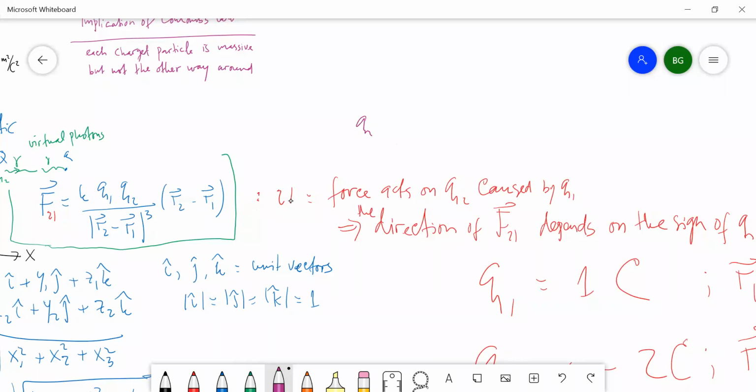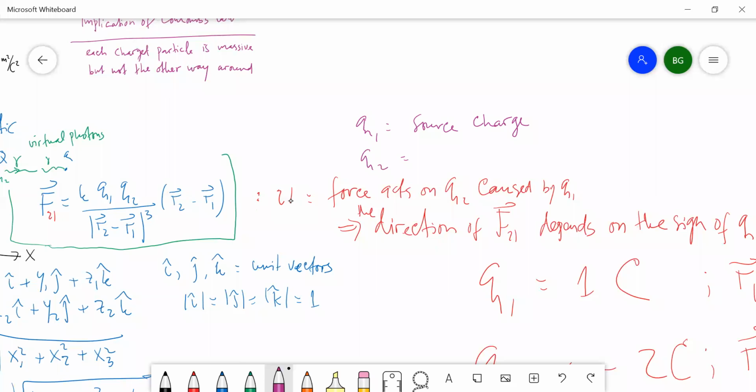So we could say that Q1 is the source charge, and Q2, what we call in Indonesian muatan uji.